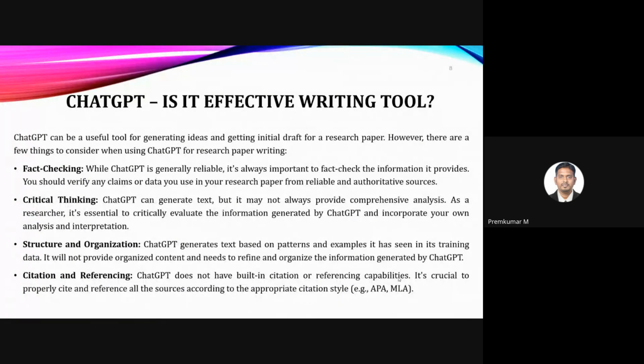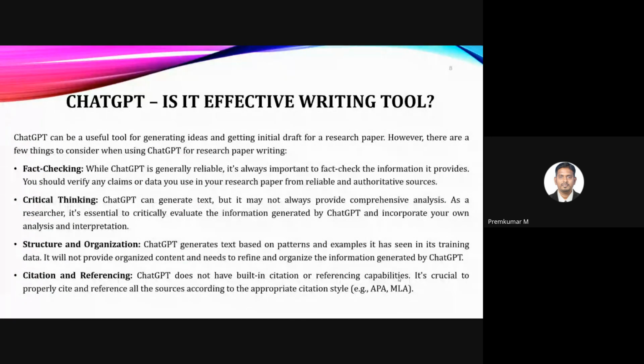When you scan the paper through Turnitin, it will give two scores: the similarity report, and also the AI score. Sometimes the similarity report shows only 5% plagiarism, but the AI score will be more than 30 or 40%.